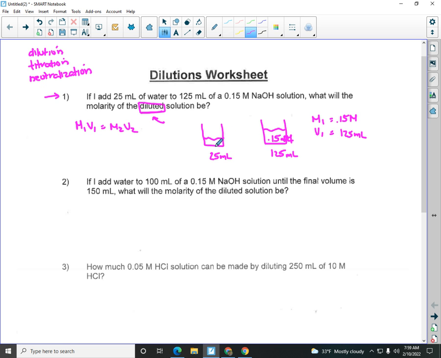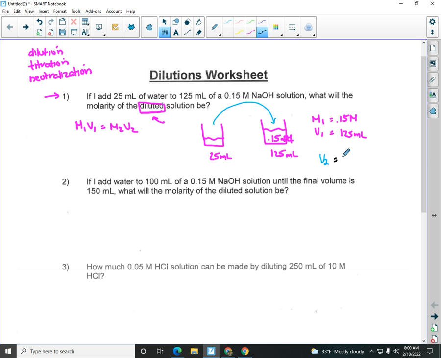I'm going to now take this 25 milliliters of water and I'm going to put it into this cup. I'm not changing the moles. What I am changing is the volume. So my second volume is going to be the 125 milliliters plus 25 milliliters more.